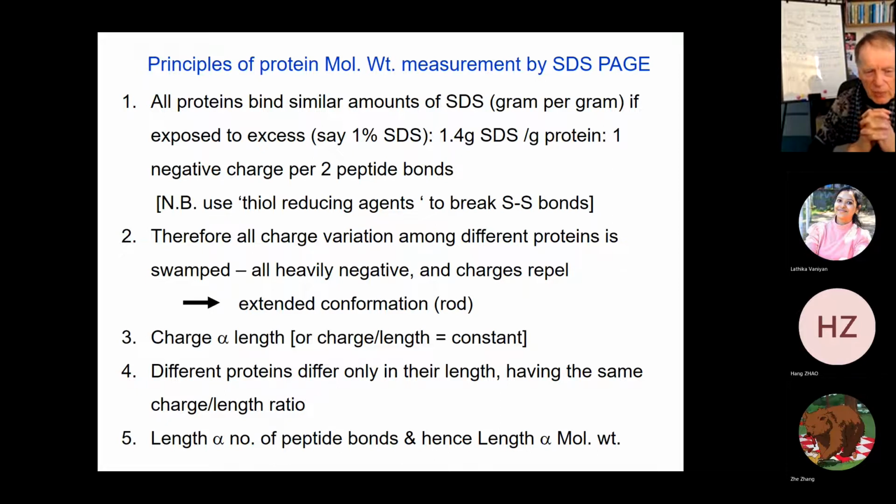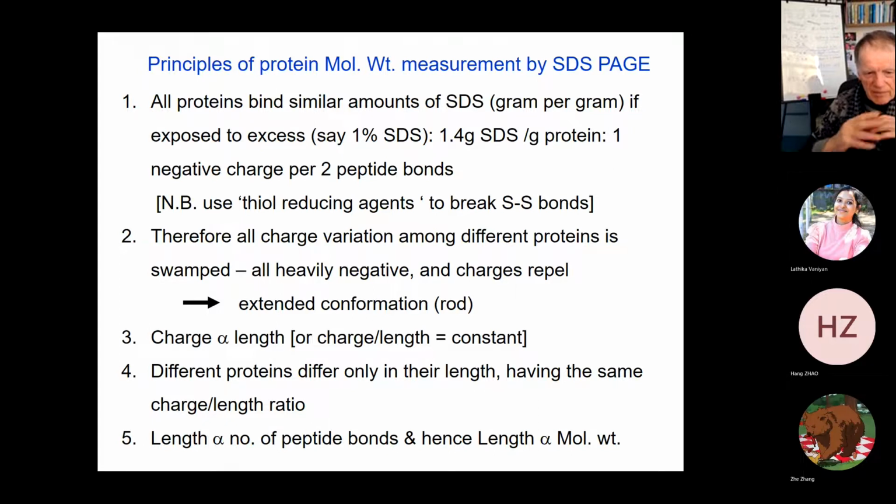So proteins end up with a uniform charge per unit length, with some small variation depending on the aspartic acids and things present, but by and large it's a uniform charge per unit length, and also they'll have the same conformation, this extended rod-shaped conformation.